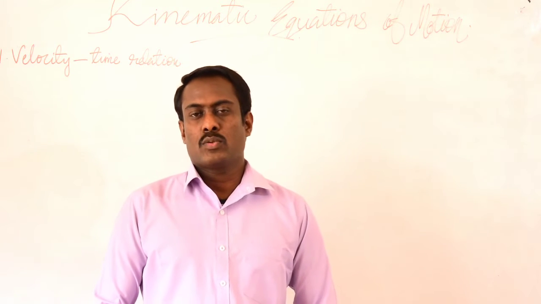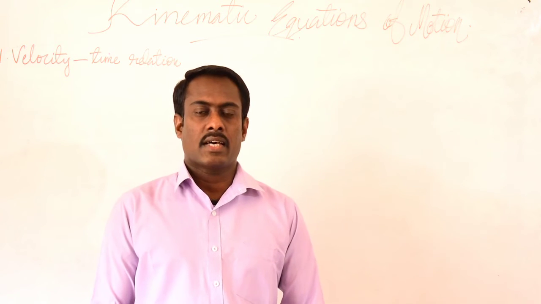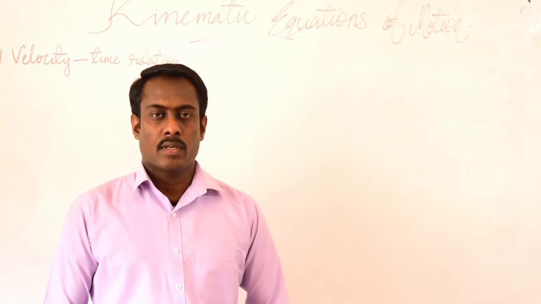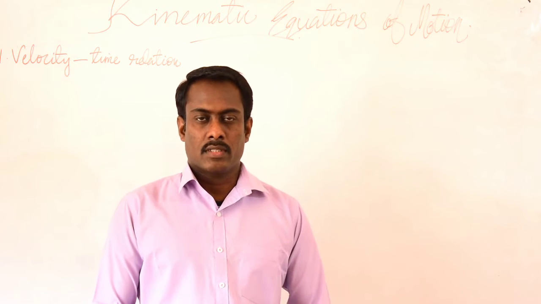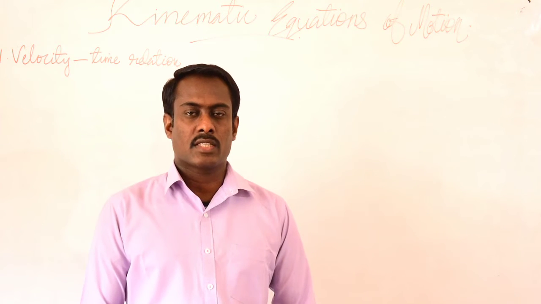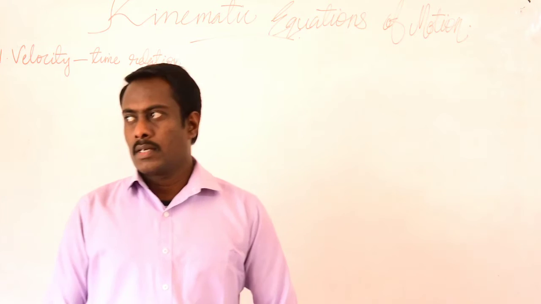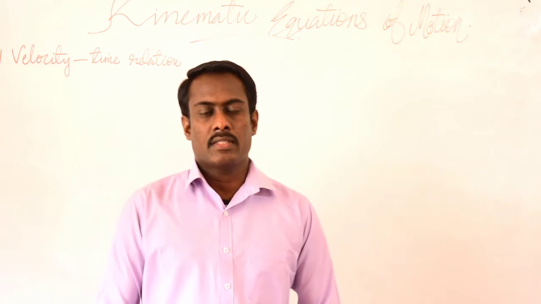Let v1 and v2 be the initial and final velocity of a moving object at the positions x0 and x1 at times t1 and t2.